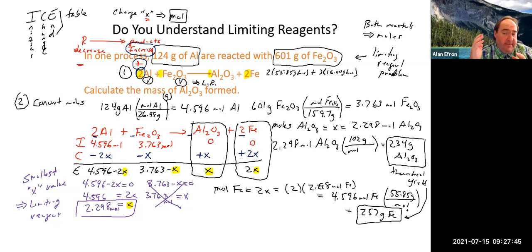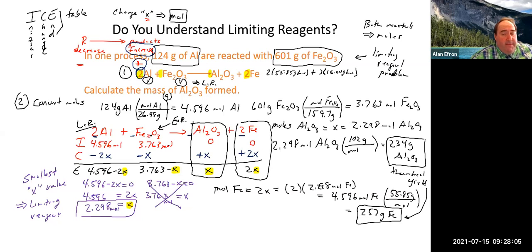And the next thing that we could figure out, which is a very common question, is remember that we figured out that our aluminum here was the limiting reagent. By default, that means that our excess reagent is the iron 3 oxide.